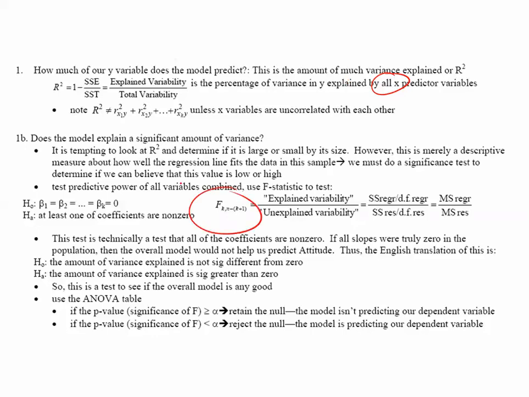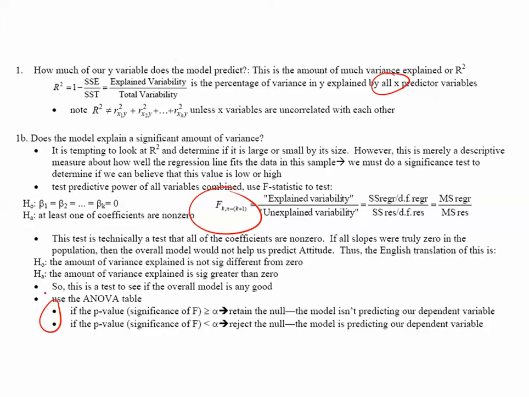The F-statistic we've used before. It is the explained variability over the total or unexplained variability. And the significance F is going to tell us, is that explained variability significant? Have we explained a significant portion of that? We can think of that significant F variable much like the p-value that we've used before.